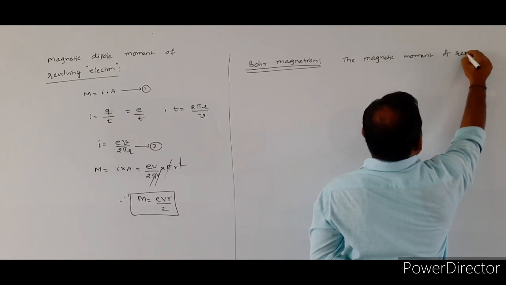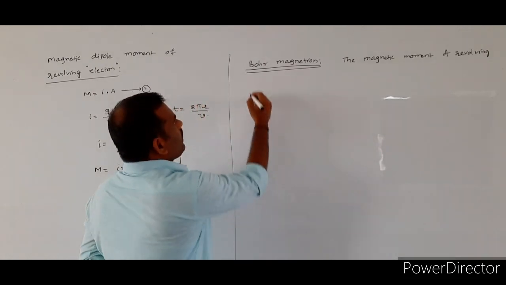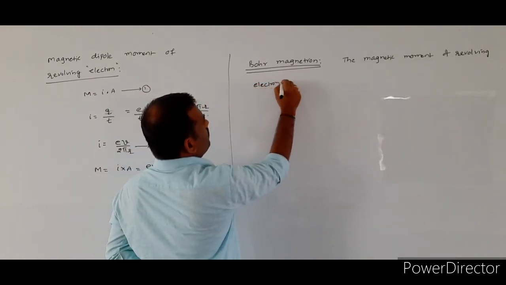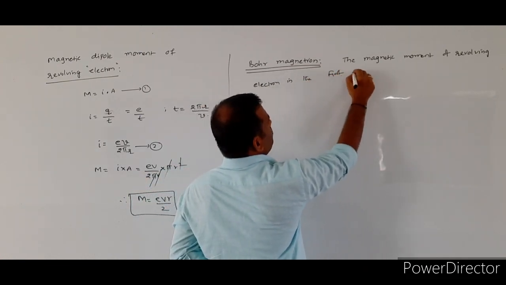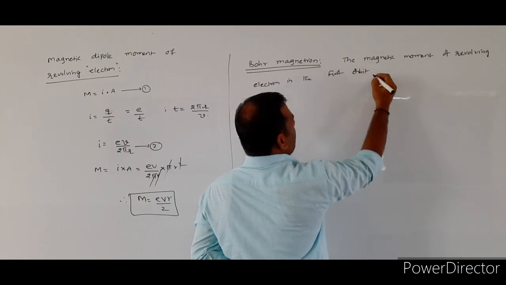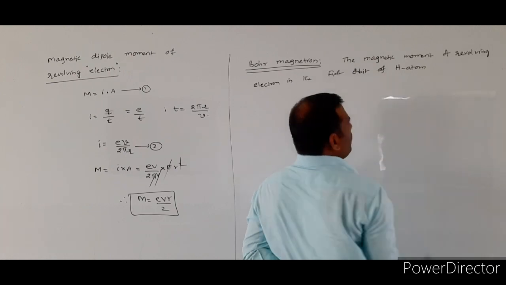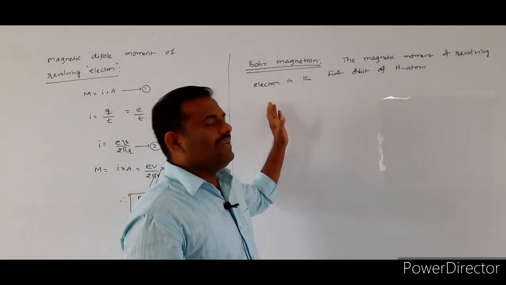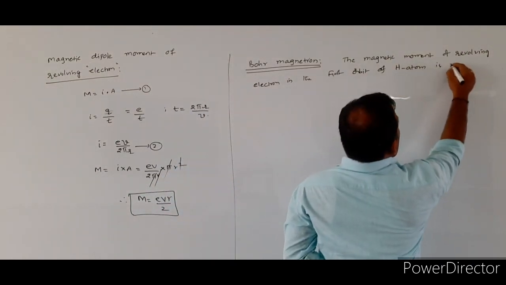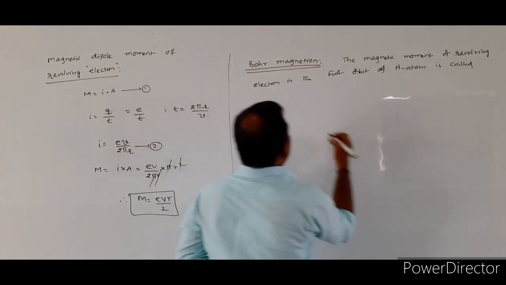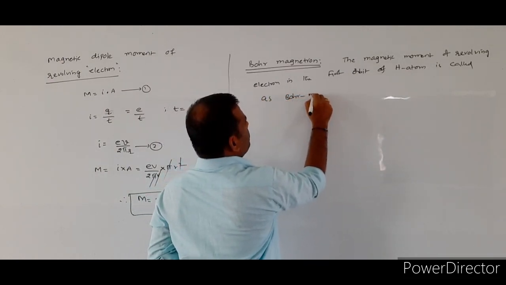The magnetic momentum of the revolving electron in the first orbit of hydrogen atom is called as Bohr magnetron.